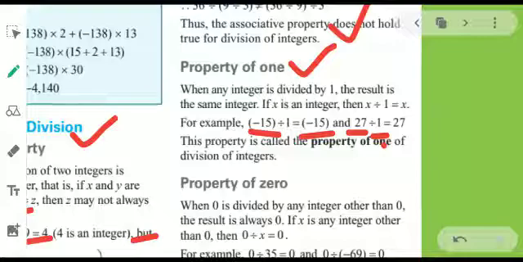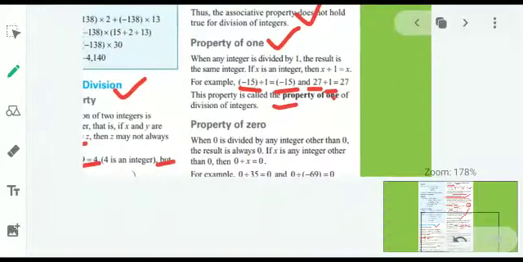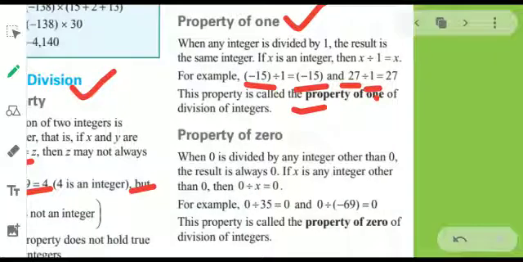Let's move to the next property, which is the property of 0. When 0 is divided by any integer other than 0, the result is always 0. If x is any integer other than 0, then 0 divided by x is equal to 0. Remember students, here 0 is divided by any integer.